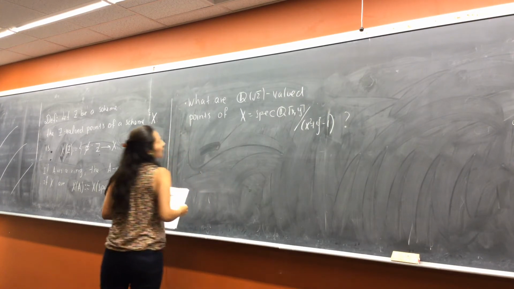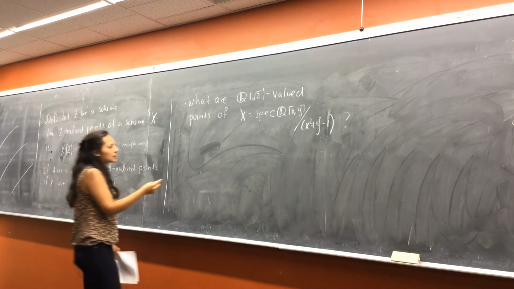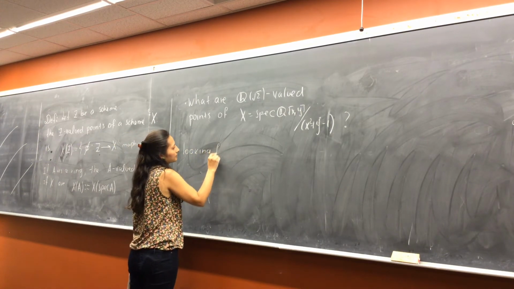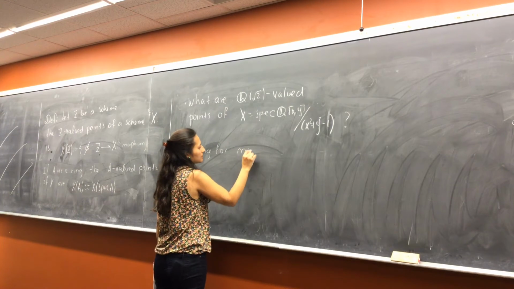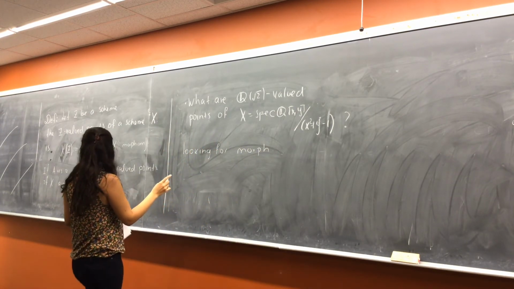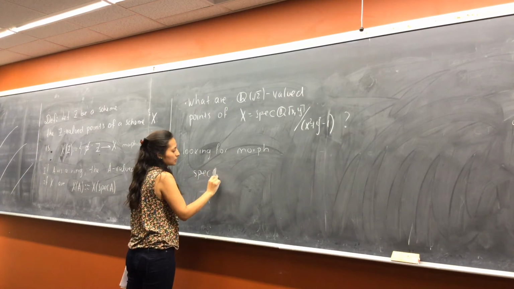If we go to the definition, to answer this we are looking for morphisms from Spec Q(root 2) into X.